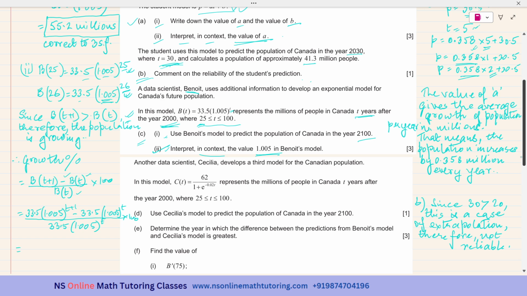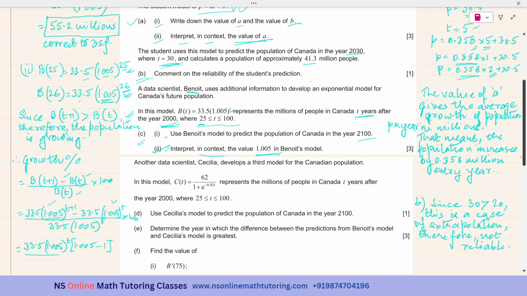Okay. And let me take out the common factor as 33.5 and 1.005 raised to the power of t. From the first term, this can be written as 1.005 raised to the power of t times 1.005, so 1.005 is coming within the brackets, and from the second term, it will be just 1.